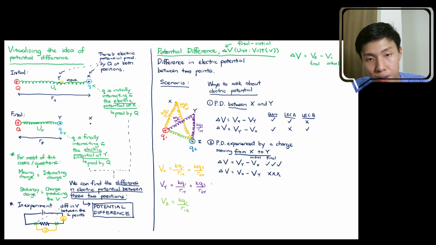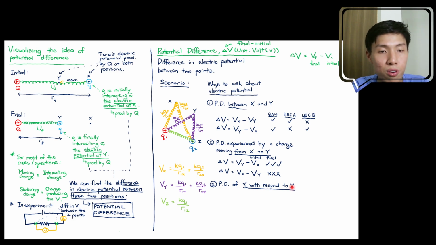Okay, the third way, which is what many books usually use, is the potential difference of Y with respect to X. So that means we are going to refer to X as our basis, as our baseline.